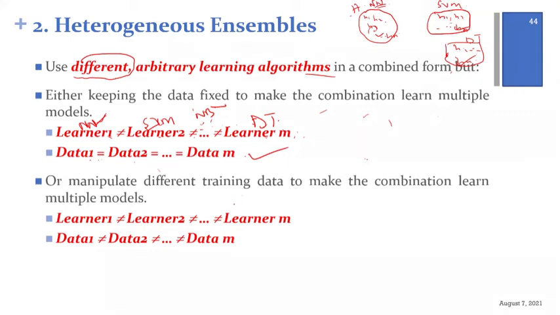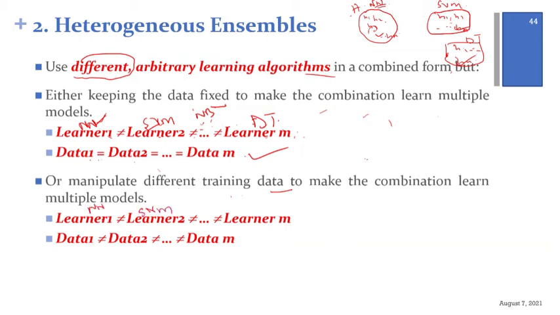This is one. The second possibility for heterogeneous ensemble is to manipulate different training data to make the combination learn multiple models. See, you manipulate different training data to make the combination learn multiple models. That is, in addition to the fact that the algorithms are totally different.